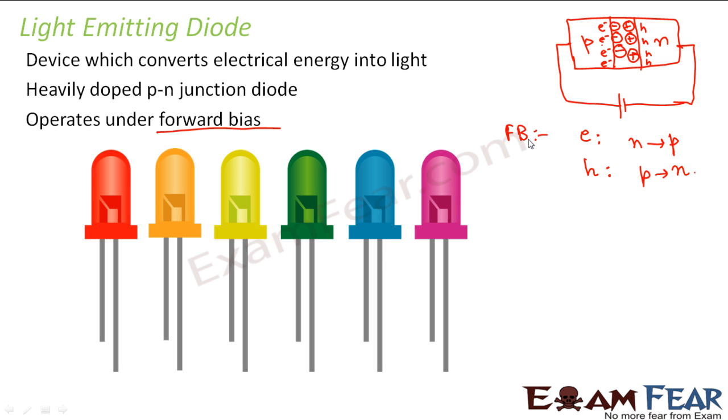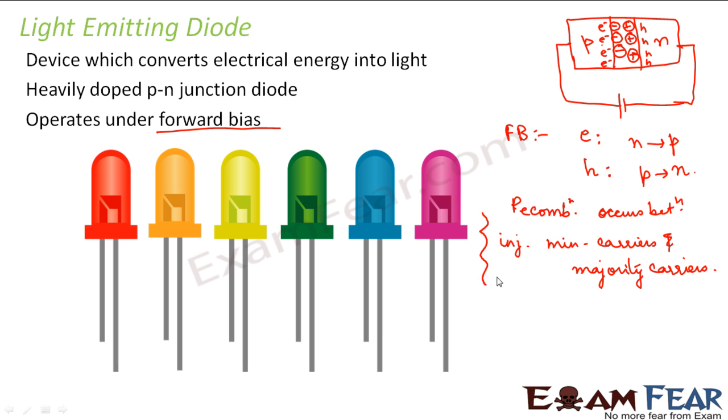So what happens? Forward bias: electrons moved from N to P, holes moved from P to N. Recombination occurs between injected minority carriers and majority carriers.